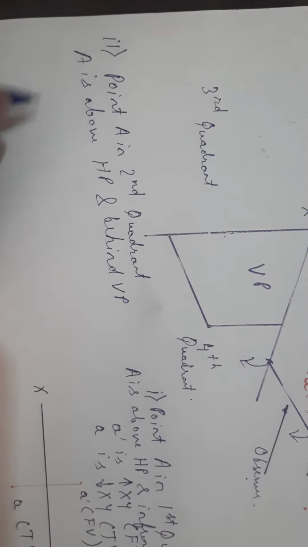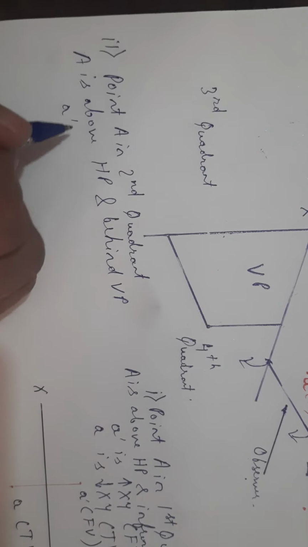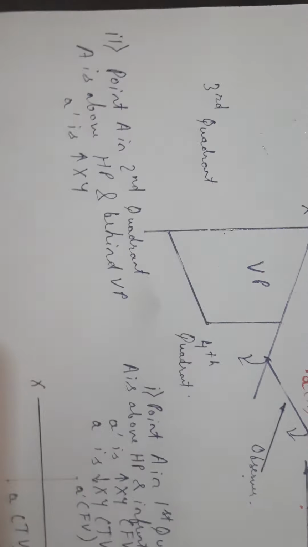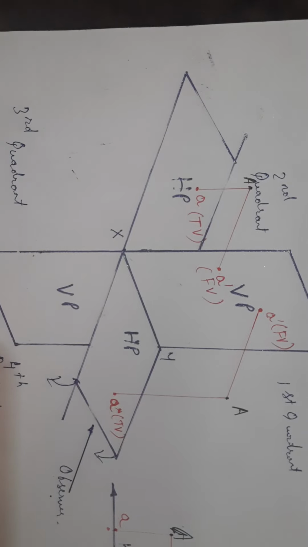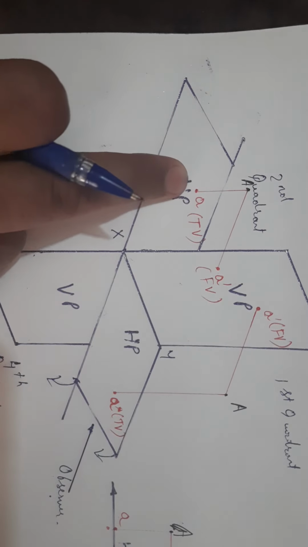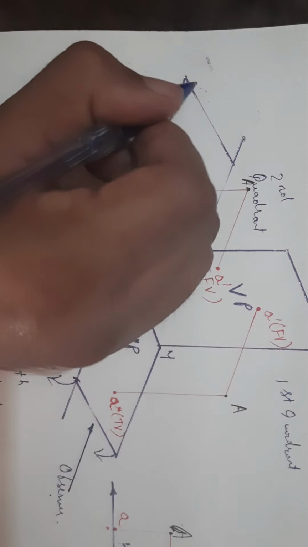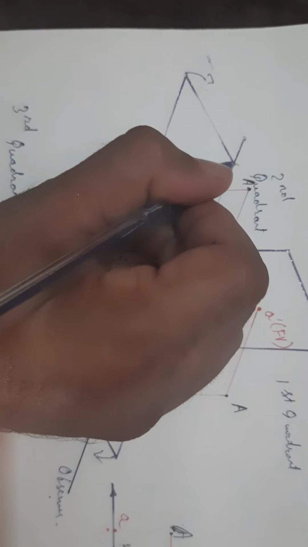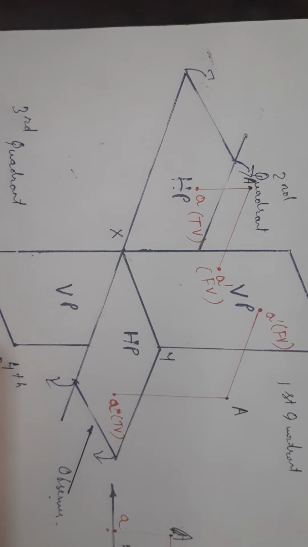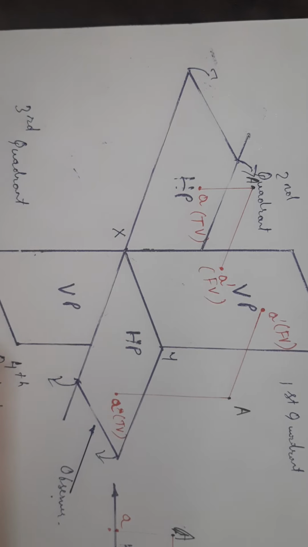Now, point A dash is above XY. There is no doubt in that because it is located straight away on the 3D diagram. What about point A? If the observer needs to view point A, the observer will not change his position. Again, we need to rotate this plane in the clockwise sense. Some people are getting confused. Why do we rotate HP only in the clockwise sense?